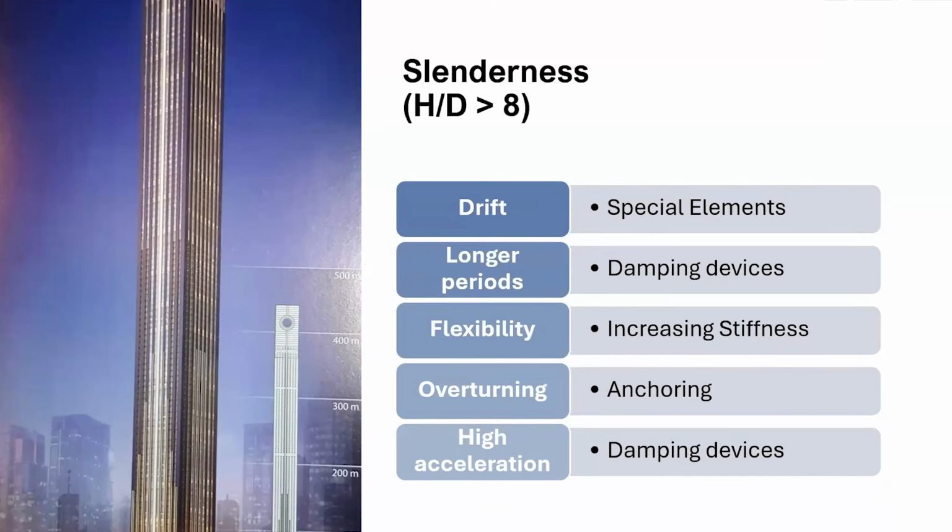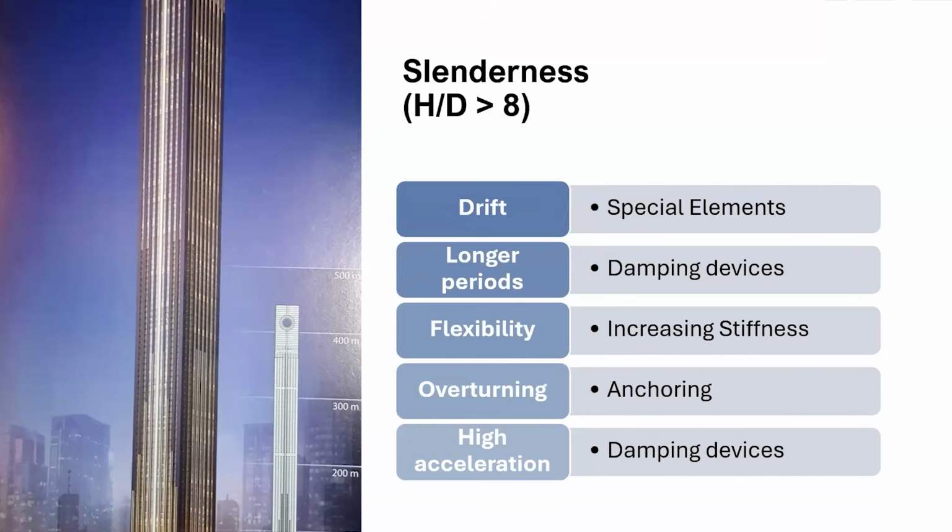So that means it's going to be extremely slender, very flexible for wind and earthquake and drift and deformation and acceleration. It's just going to be crazy. So for drift, we need to add special elements to handle that. We need damping devices. Period becomes too long or too short. Crosswind becomes very problematic because the building is always moving.